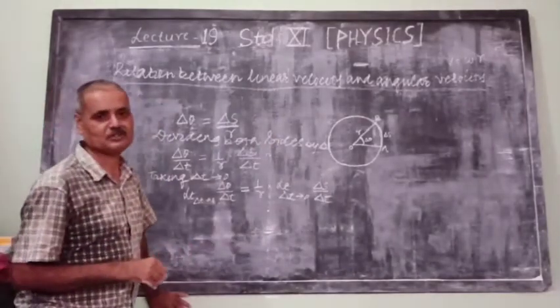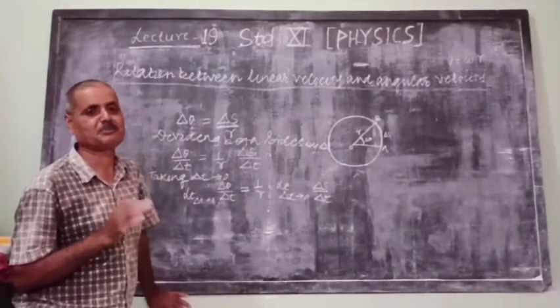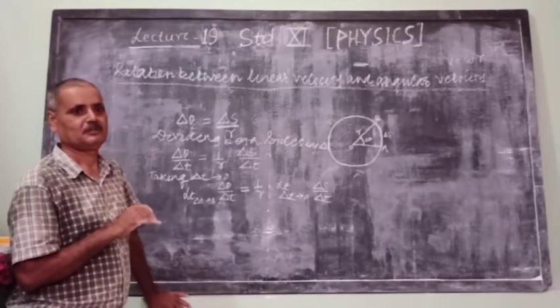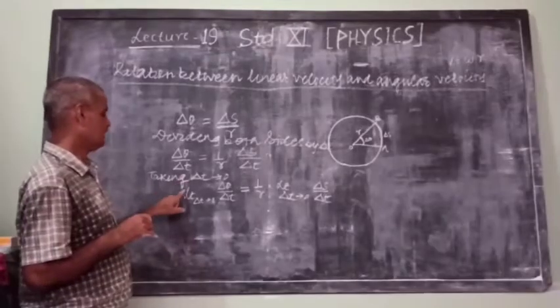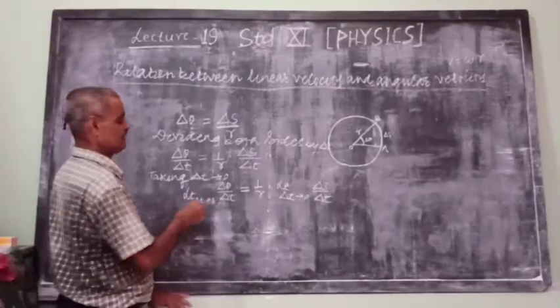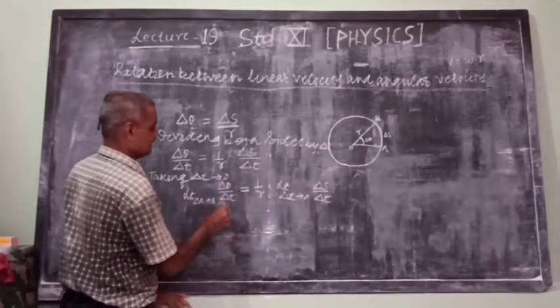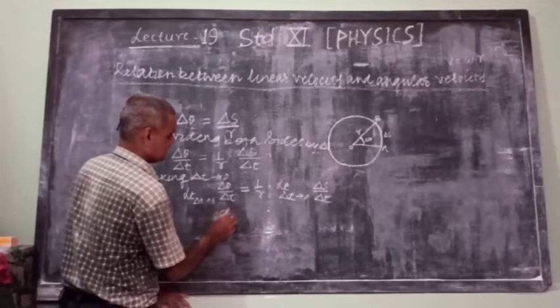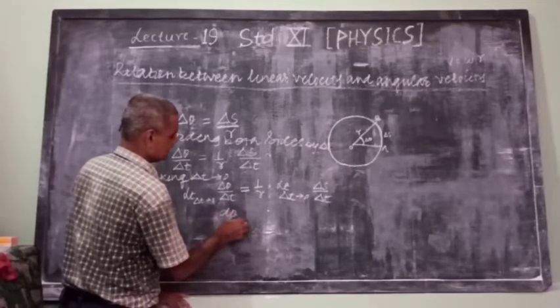In calculus, you will study the chapter on limits. Taking the limit delta t tends to 0, delta theta by delta t can be written as d theta by dt.